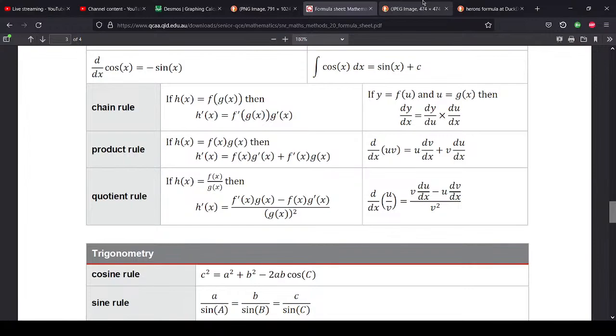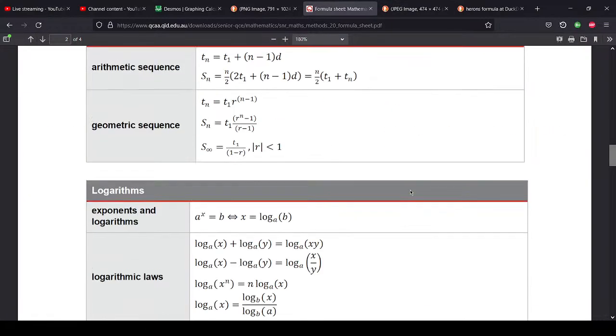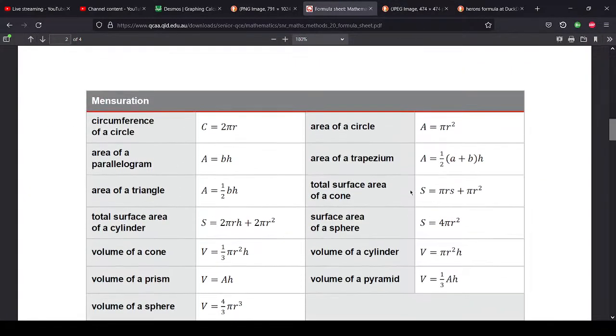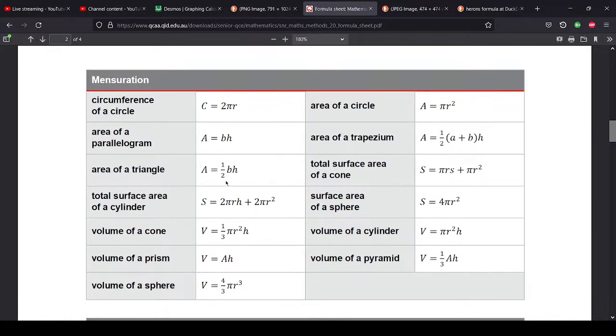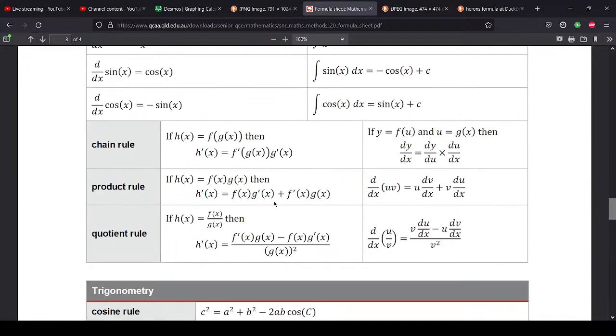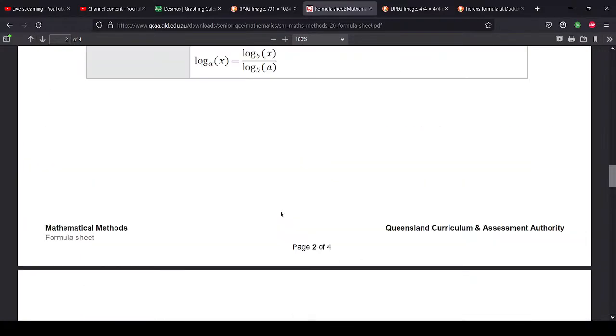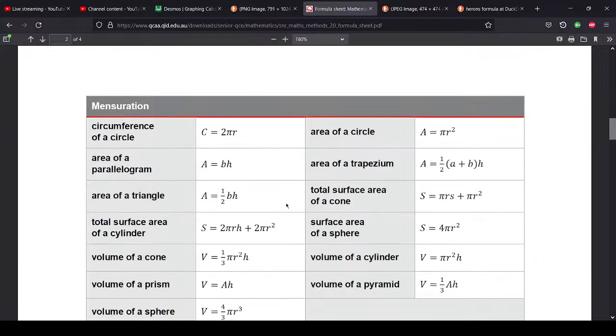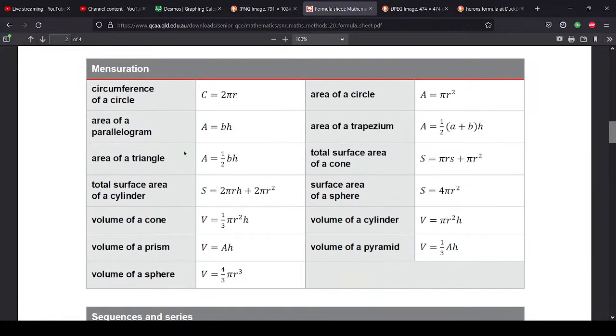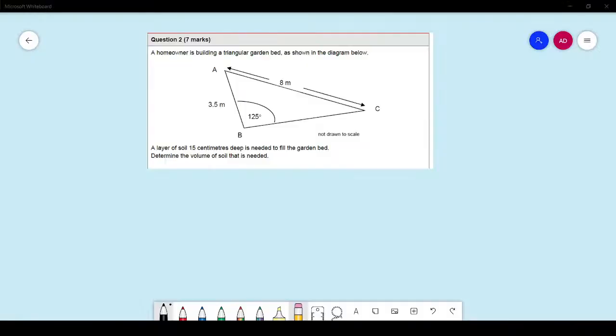That's what I normally use. Maybe you guys will be familiar with something else. I just don't think half base height will be used here because we won't really have the height. I'm surprised Heron's formula is not on here. Well, it is the best option here. But let's see how we go when we get to it.